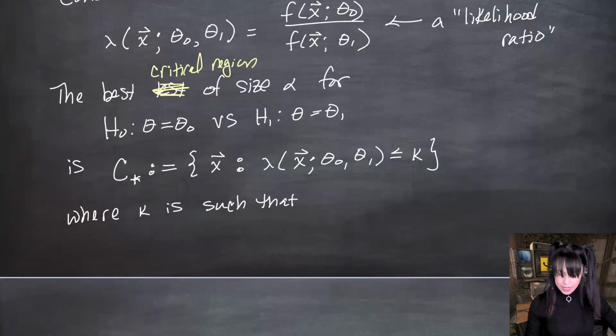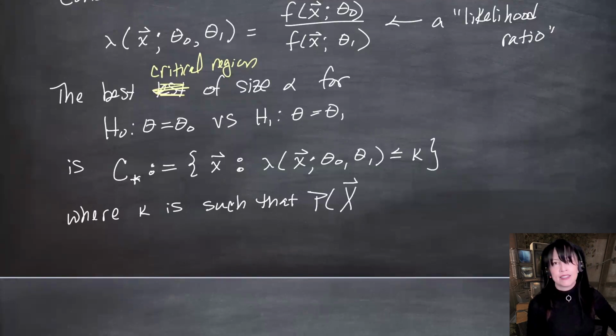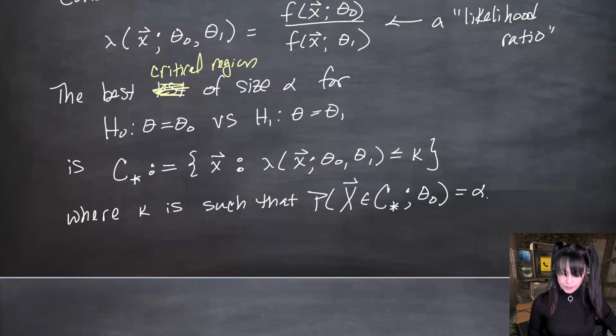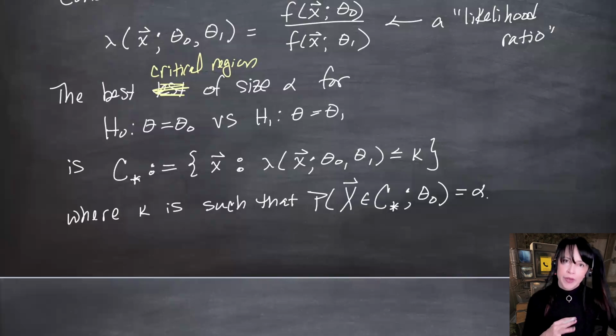So this means that the probability that the capital X's, the data, because that's where probability is, it's not with the lowercase x's, is in C star when the null hypothesis is true. This needs to be alpha. So this is the best critical region corresponding to the best test.